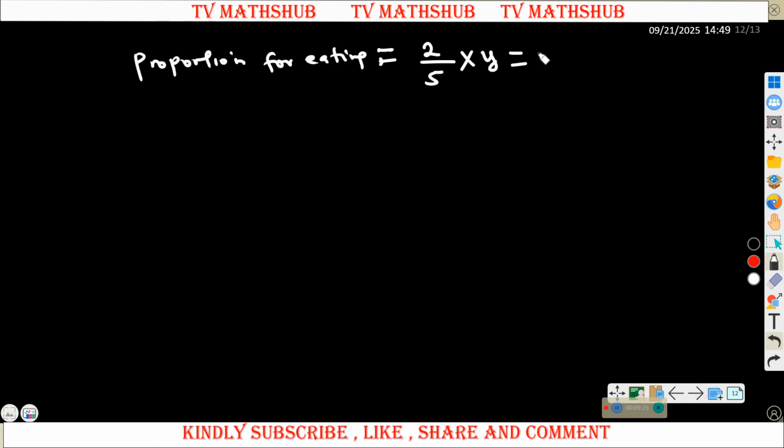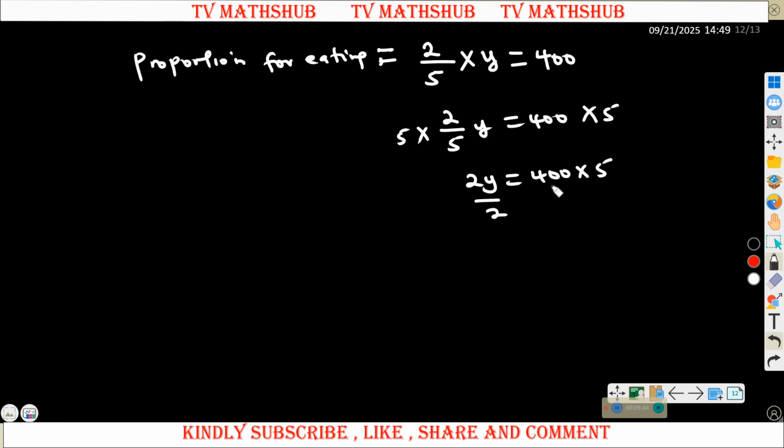So 2 over 5 y is equal to 400. You can multiply both sides by 5. So 2y is the same as 400 multiplied by 5. You can divide by 2 on both sides. So y is 200 times 5, and y will be 1000.